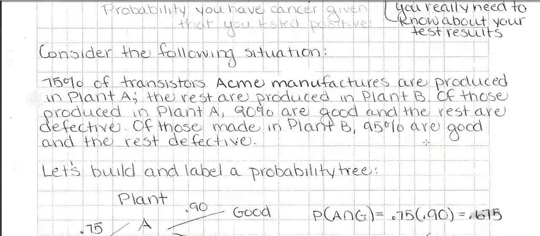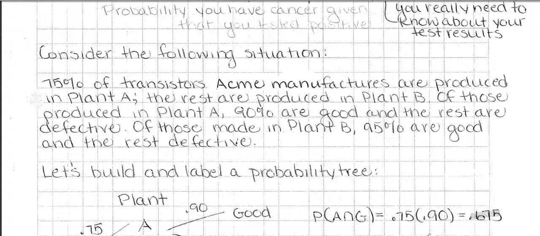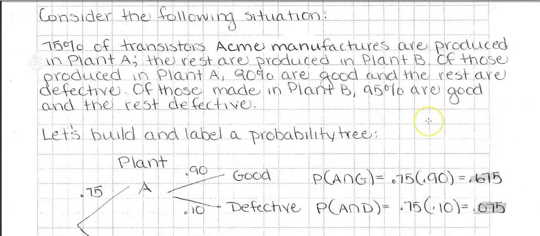Let's consider a quality control situation. Suppose we know that 75% of the transistors a given corporation, Acme, manufactures are produced in plant A, and the rest of them, 25%, are produced in plant B. Based on historical information, we know that 90% of the transistors produced in plant A are good, and 10% are defective.